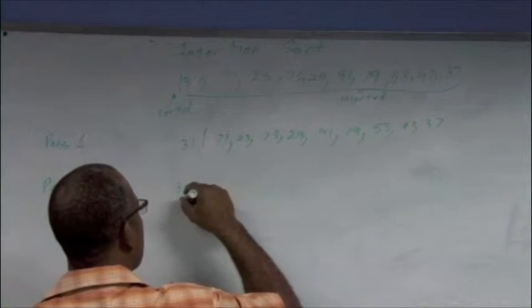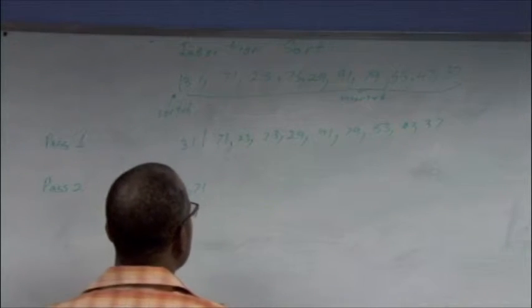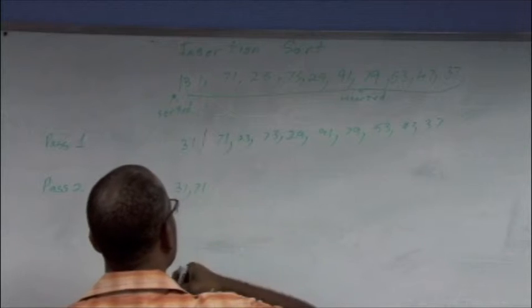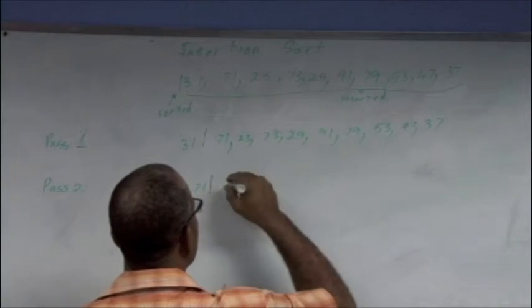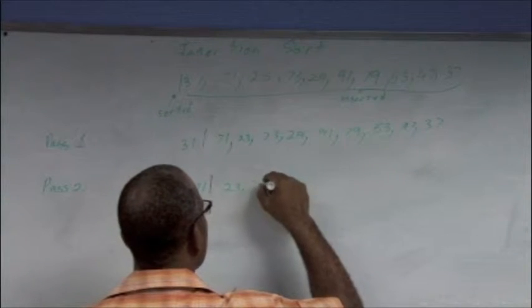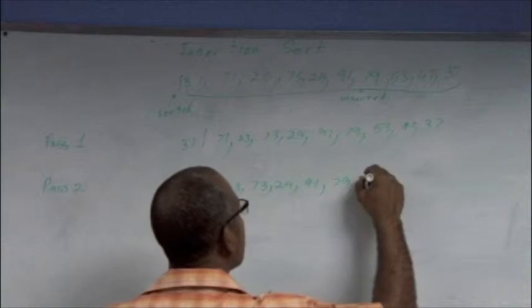So 31, 71, sorry, is in the correct place already, so I don't need to do any shuffling there. So I have 23, 73, 29, 91, 79, 53.